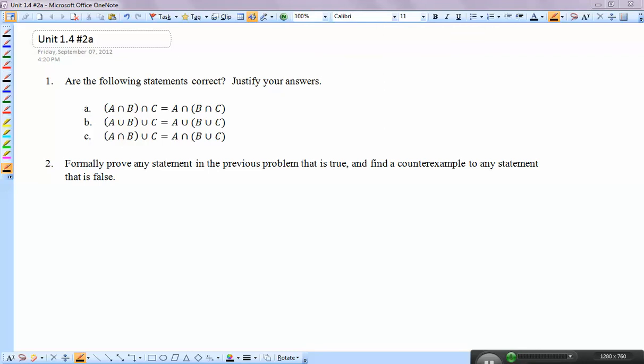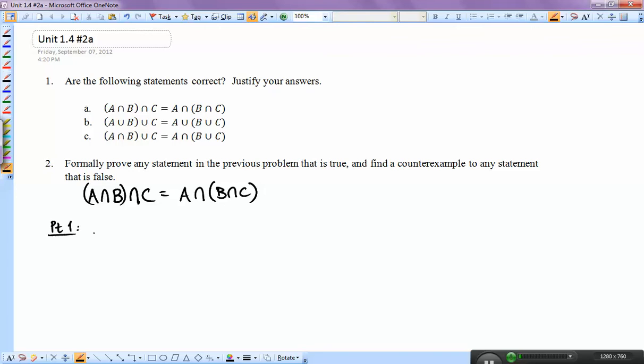So in order to prove that A intersect B intersect C equals A intersect B intersect C, I need to really prove two things. Part one is I need to prove that the left side is a subset of the right side.